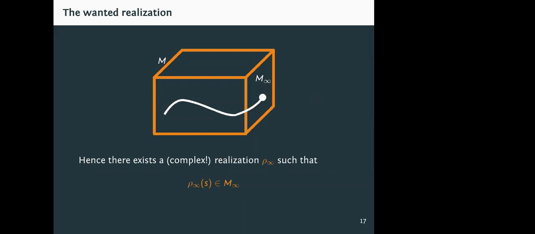So there exists in our Y a special, completely complex realization, which we call rho infinity, such that the realization of the vertex S is at infinity, in M infinity.